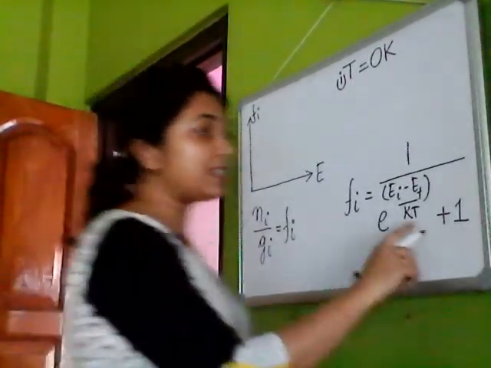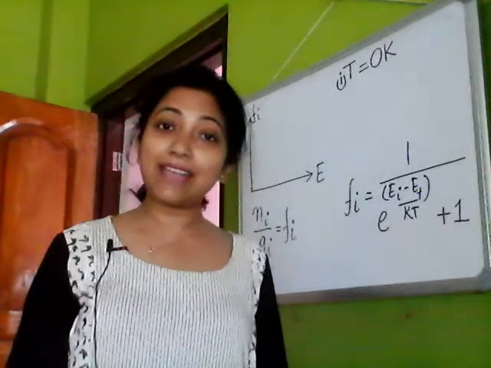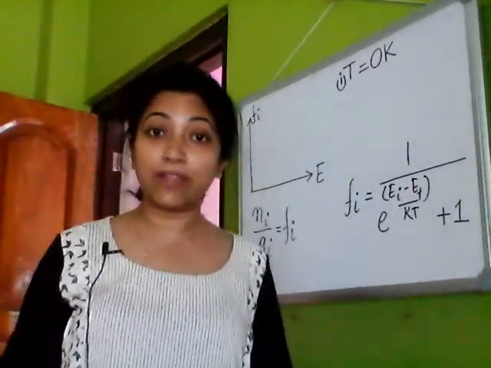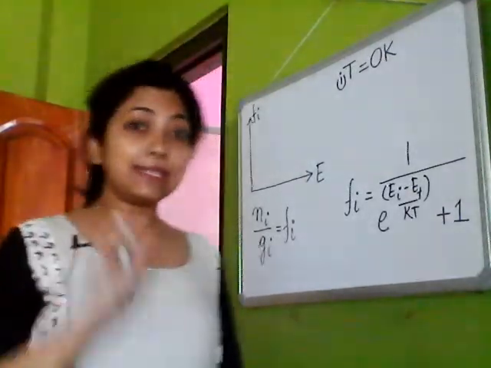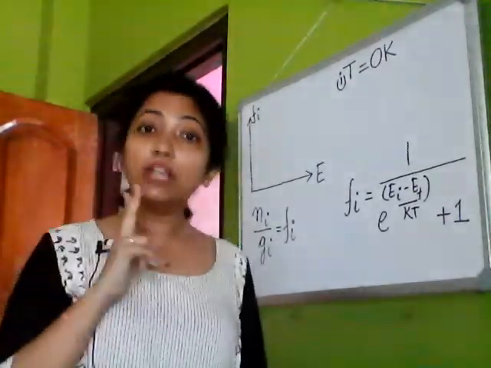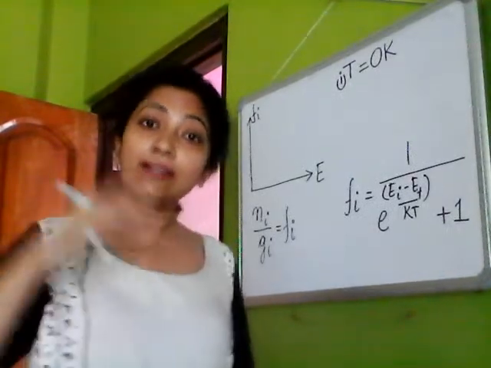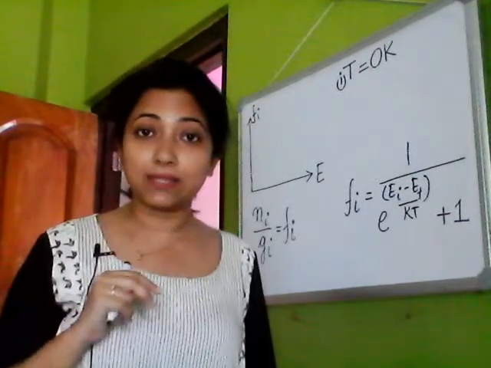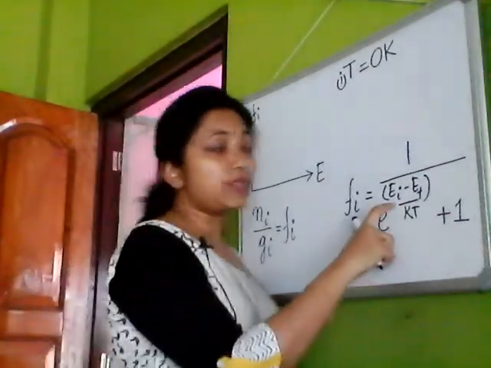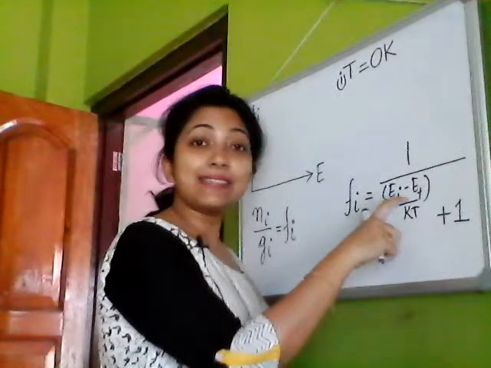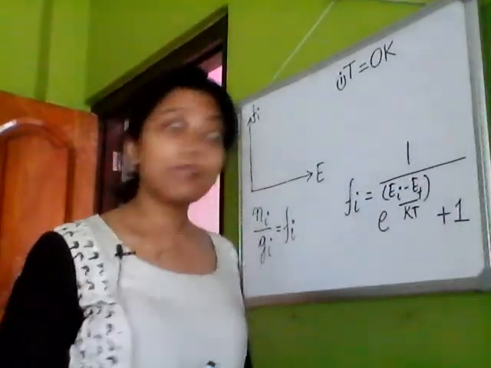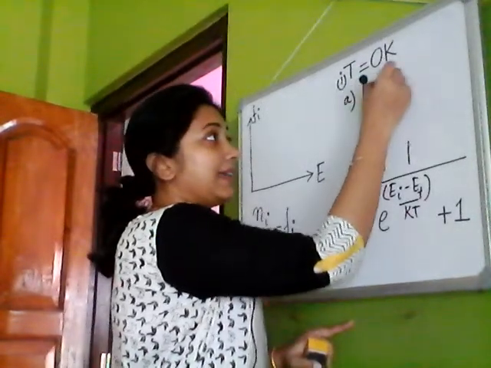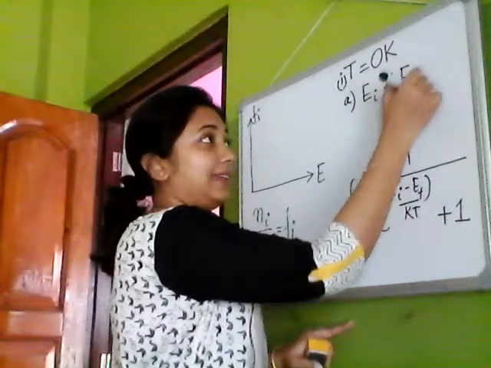Fine. Which means this T over here, we are going to put it as 0, which means we have taken the system to an absolute 0 level. In this scenario, there can be two conditions. Under this 0 Kelvin temperature, we can have two cases. And what is that? This value of Ei is less than the value of Fermi level, right? So the first case may be when Ei is less than Ef.